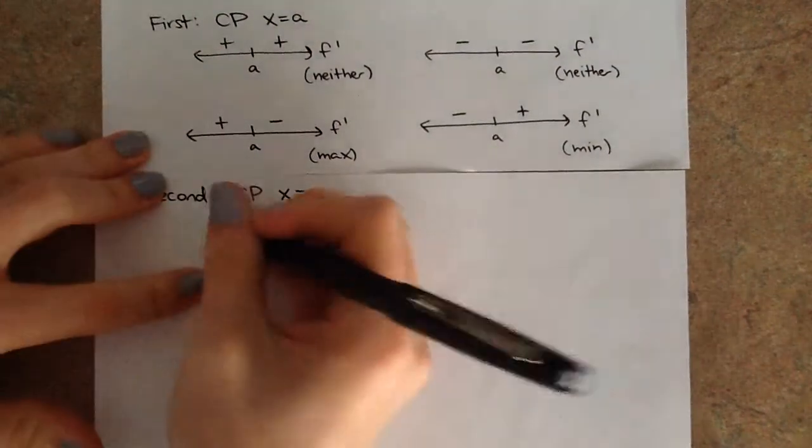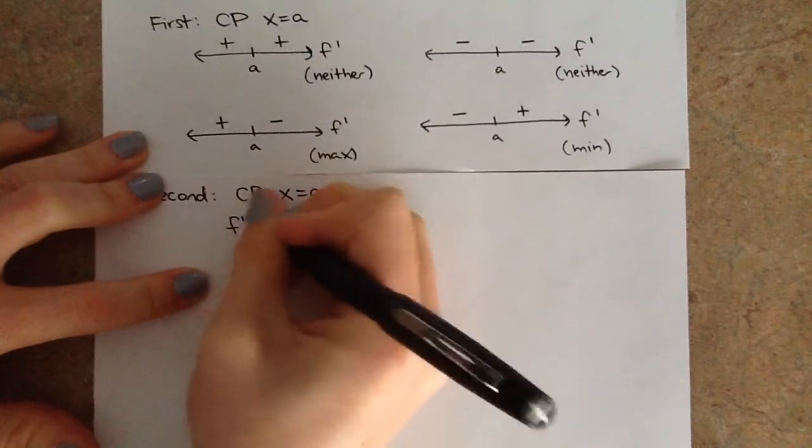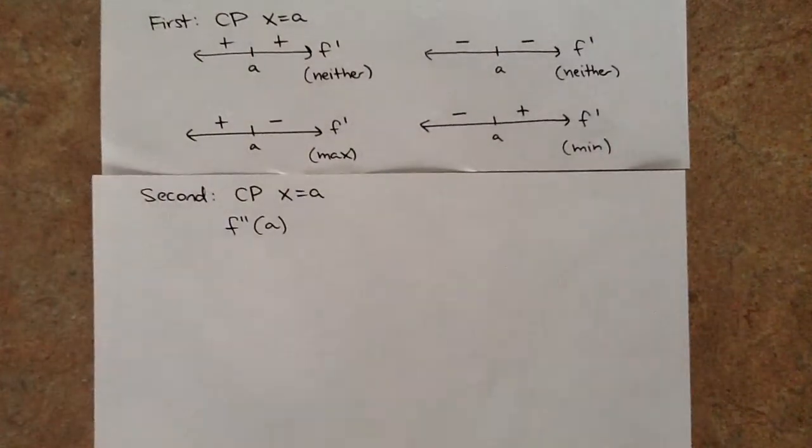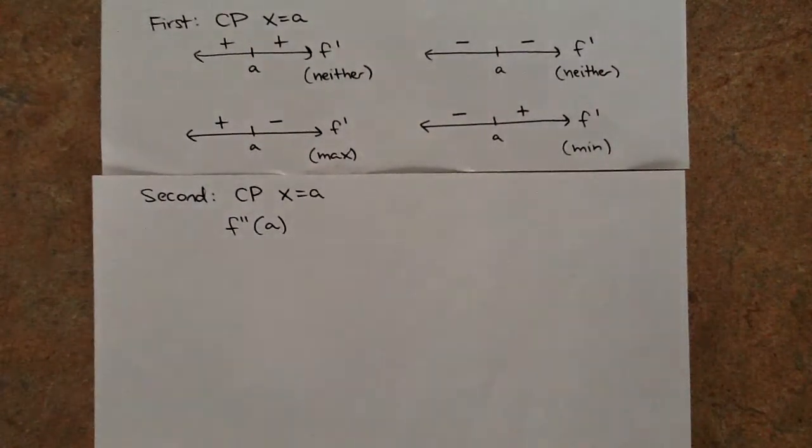All right, so here are your options. We take A, we're just going to plug it into f double prime. So how many different outcomes could there be? If we plug in A, how many different outcomes could there be? Not 4. How many?